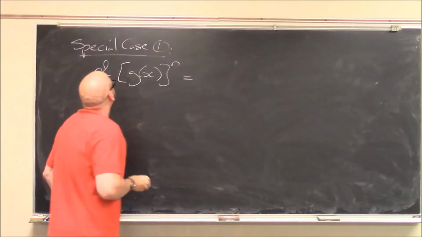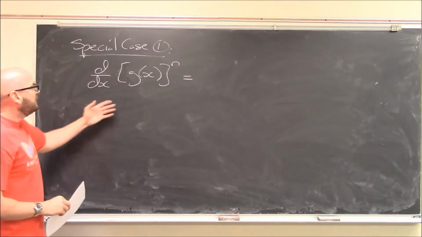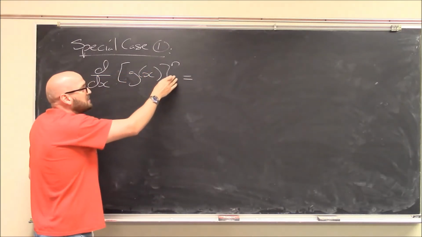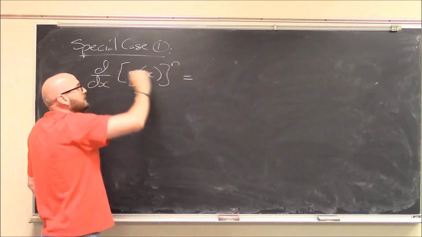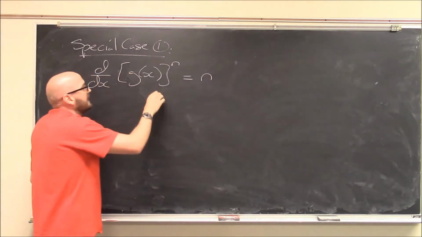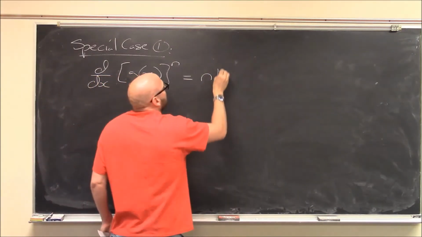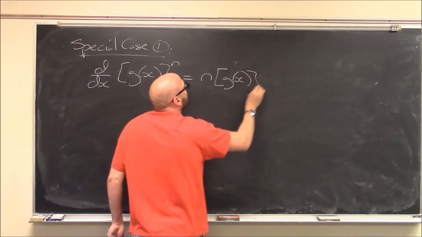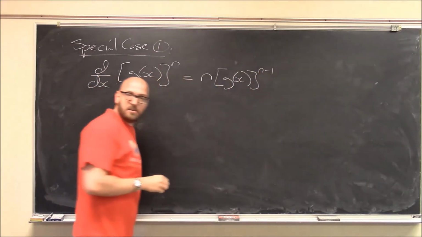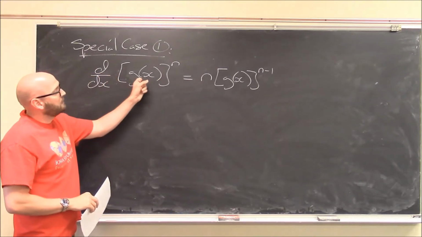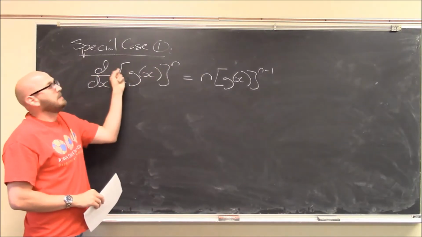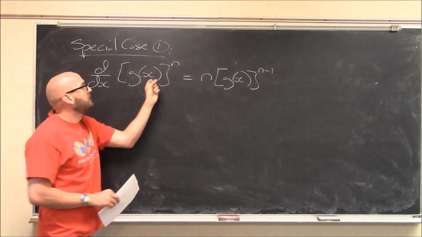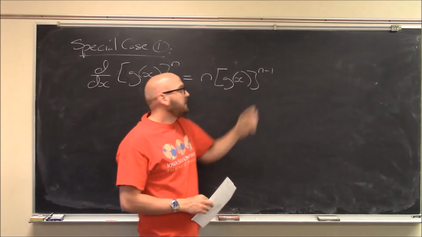The chain rule in this case says that the derivative of a function of this form works a lot like x to the n. The n comes out front times the inside function, g of x, to the n minus 1. So it's just like differentiating x to the n, where the n comes out front, the inside stays the same, instead of having x, I've now got g of x, and the power reduces by 1.